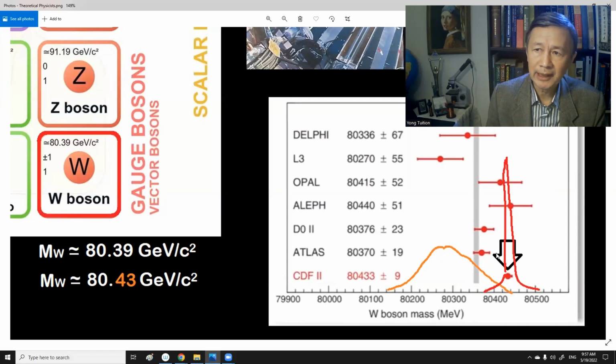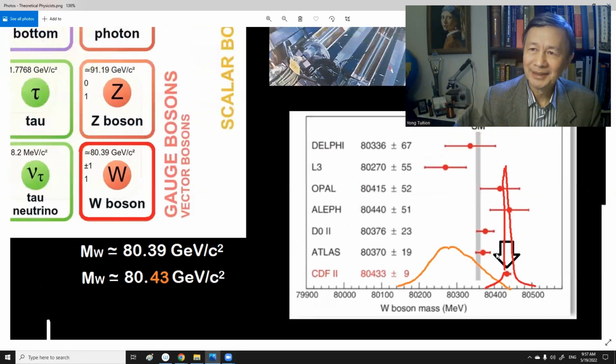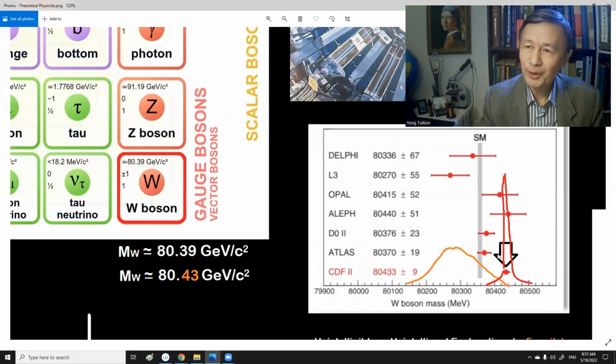Some of them believe that that could somehow shake the foundation of the standard model. Obviously, among the mass media, this sensational headline has created a shock among the public, as well as in the particle physics community.